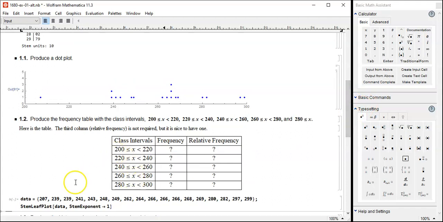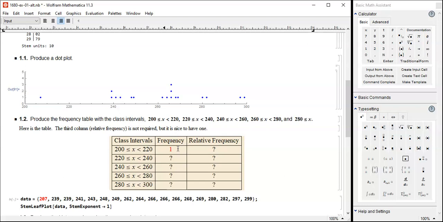And among these, how many numbers fit into the first class interval, 200 to 220? I see only one, which I just highlighted in red. I see only one. So 1 is the frequency. Making sense here?